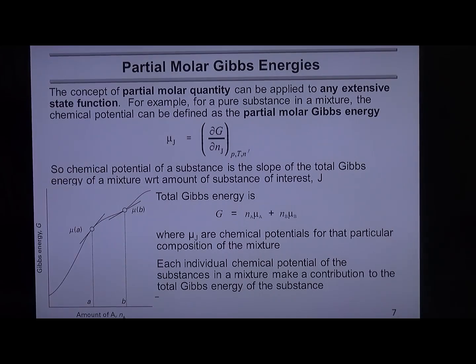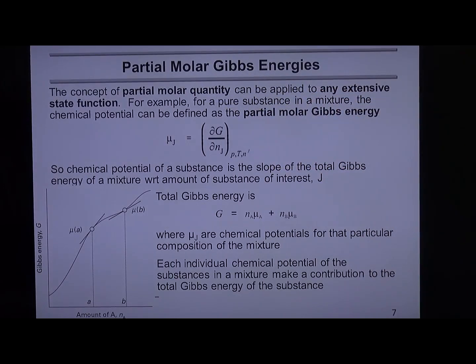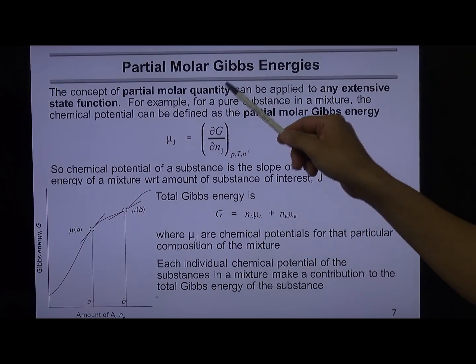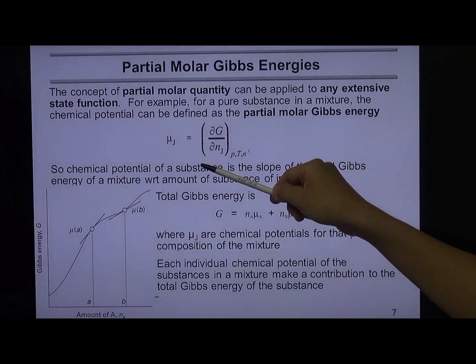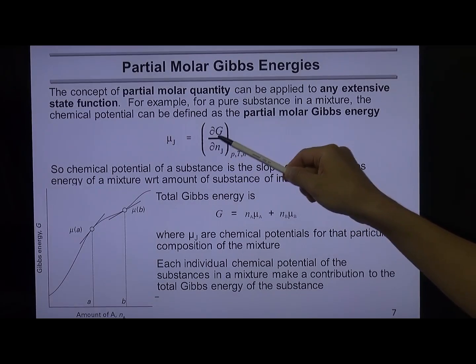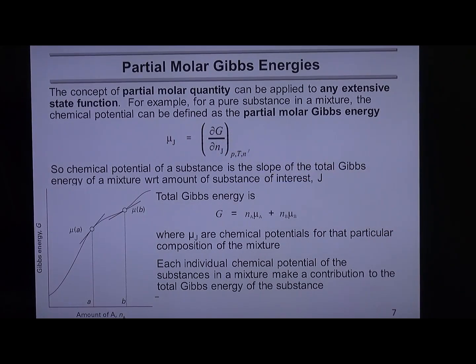So other partial molar properties can also be defined similarly. For example, partial molar Gibbs energy. We already have seen this before in chapter 3. Partial molar Gibbs energy is defined as the partial derivative of total Gibbs energy with respect to number of moles, right?